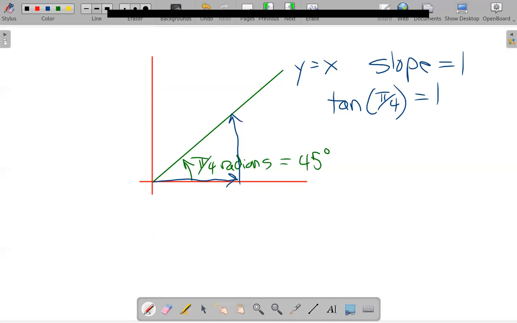Another example. Let's consider this one right there, and that, to the best of my artistic ability, is pi over 3 radians. Pi over 3 radians is equal to 60 degrees.